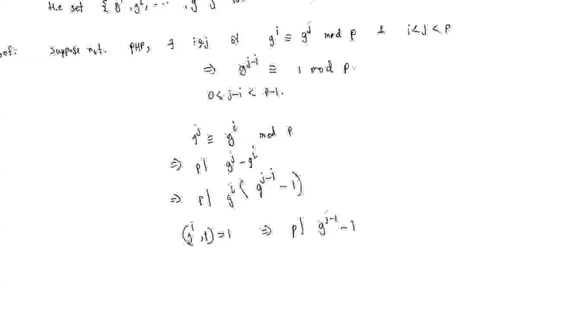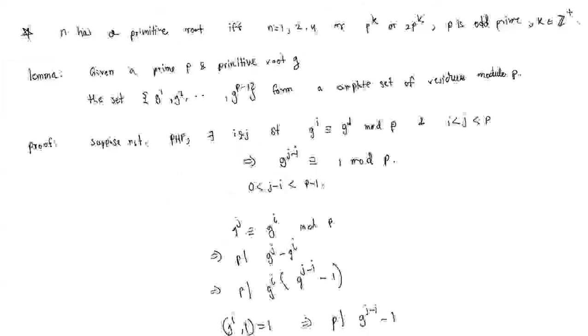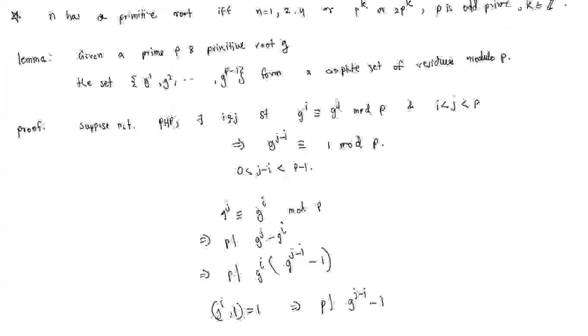Okay, got it. So P divides G to the power J minus I minus 1. Did everyone get the proof? Yes, no, yes. I assume yes. Great.